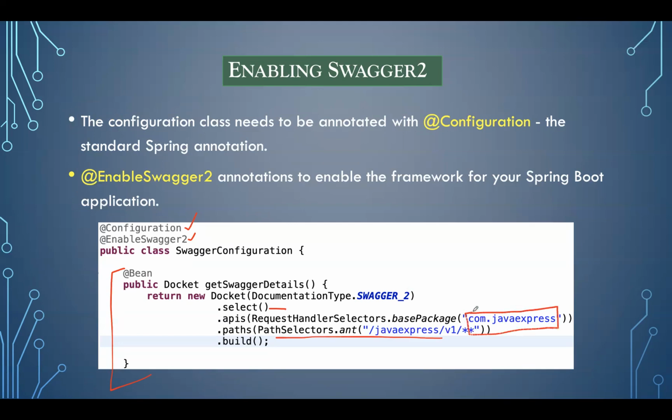If you don't provide the custom package, then any predefined controllers, like the basic error controller that Spring Boot provides by default with a set of endpoints, will also be displayed as part of your documentation. If you don't want to expose them, then you can choose the base package as your custom name. Not only com.javaexpress, you can provide your own package name.